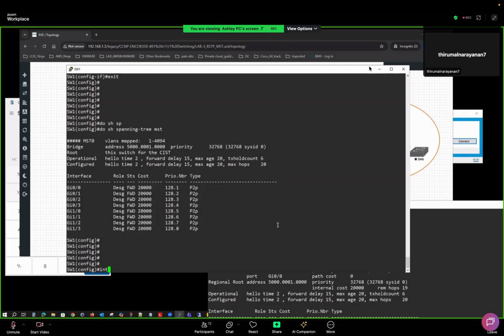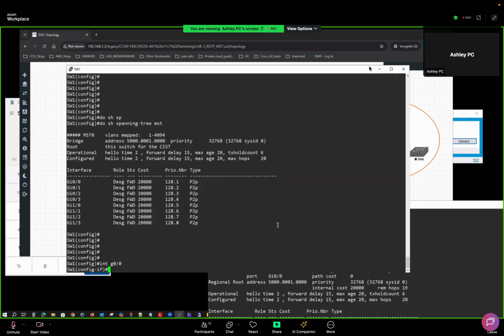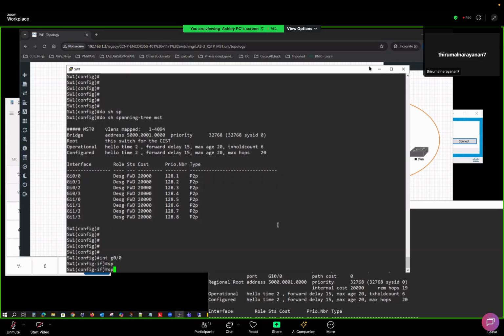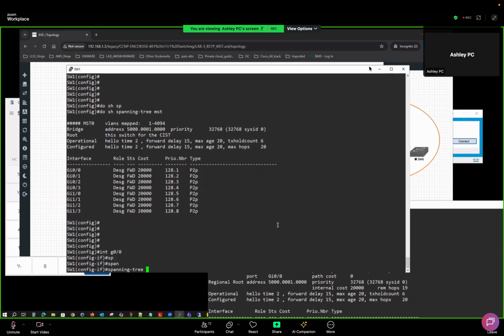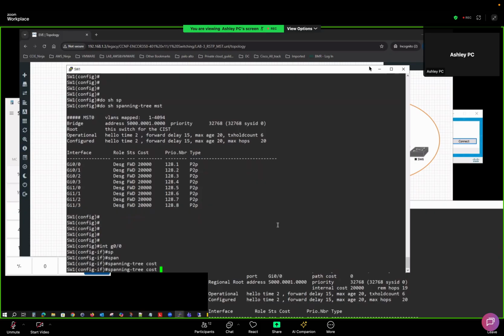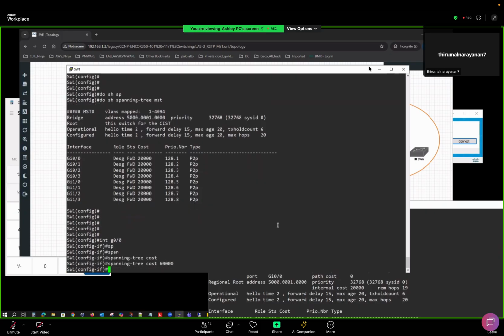I'm going to say interface gig 0/0. I think we have to change switch 3, sir. Switch 2. No, why? It is a single thing we are changing for the 60,000, no? Spanning tree port cost, we have 60,000. Right, 60,000 is the correct one, right?